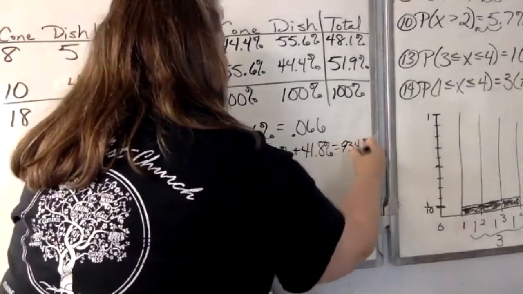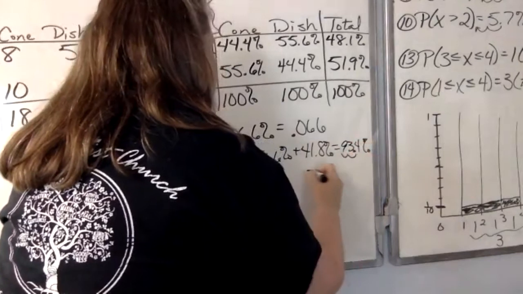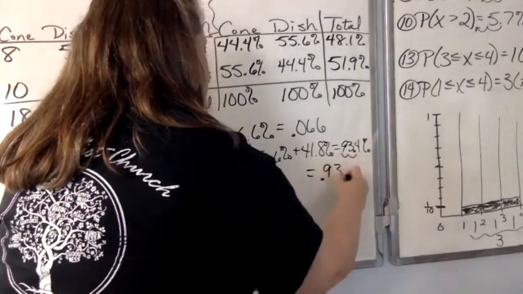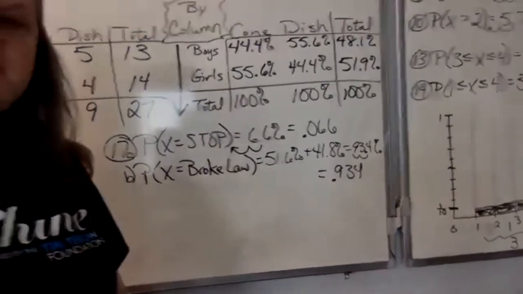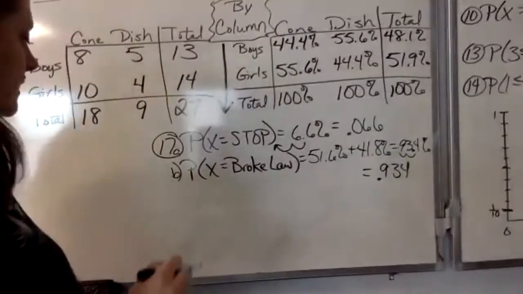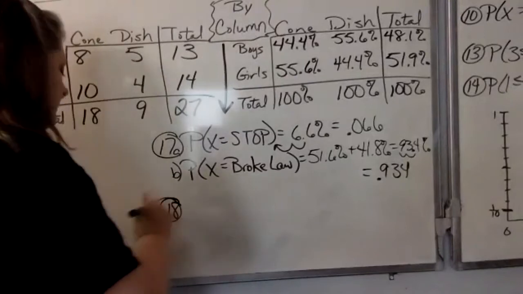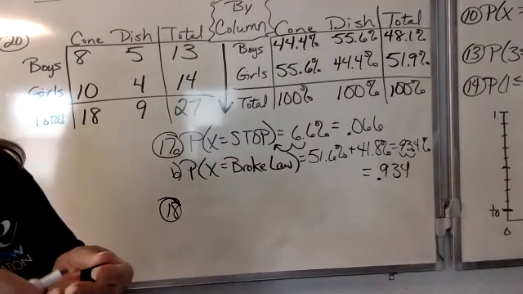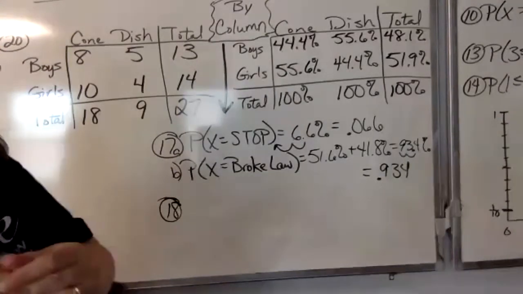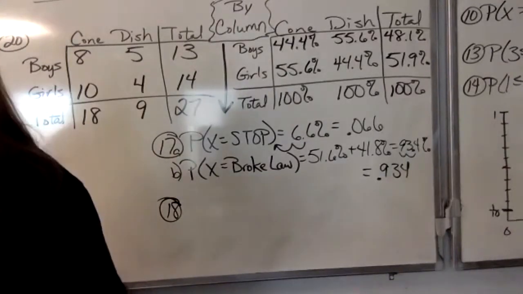Okay, and then we move our decimal point over, so it's 0.934 is the probability that they're a lawbreaker. So apparently it must be a new stop sign that people aren't used to having to stop for, or otherwise they're all bad drivers there. It's one of the two options.